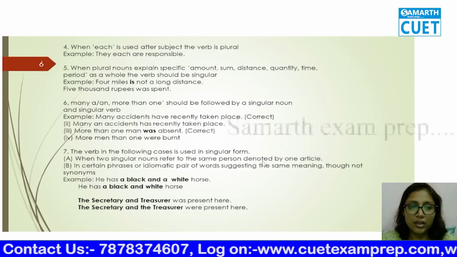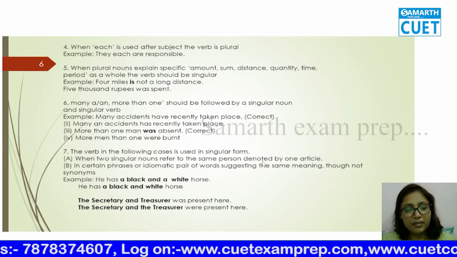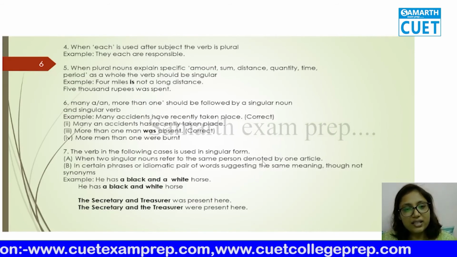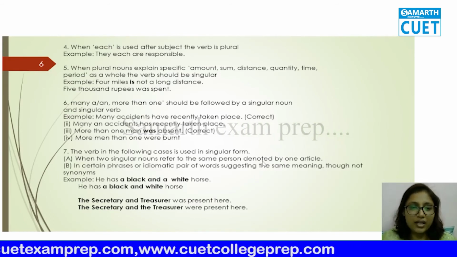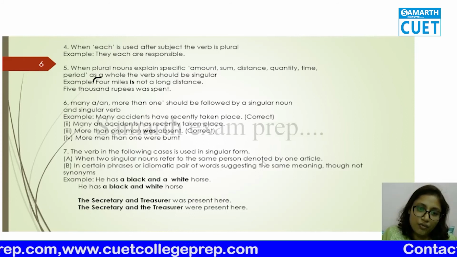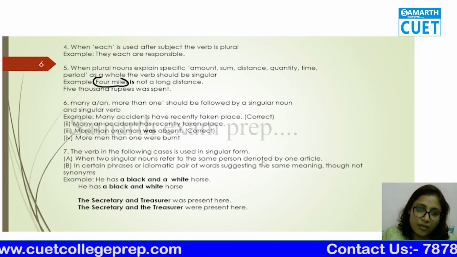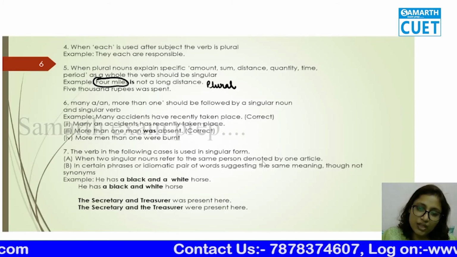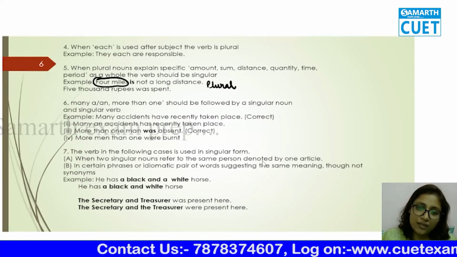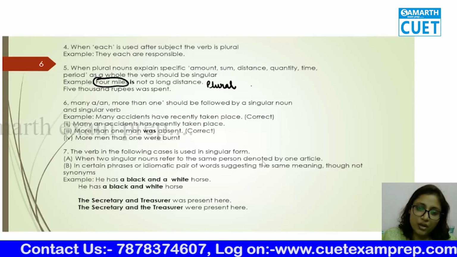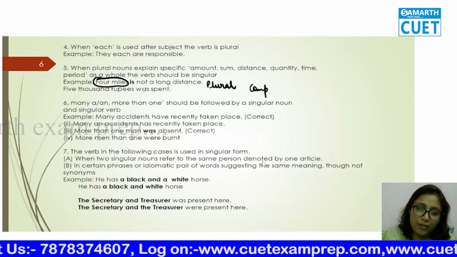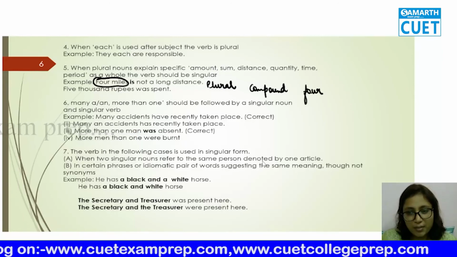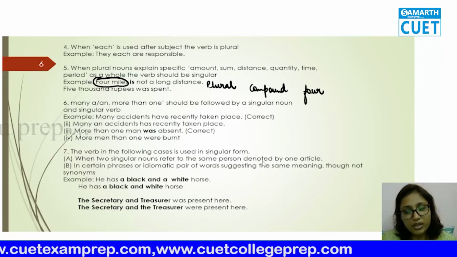Next rule, go for the example first. 4 miles is a long distance. Now you will say 4 miles is plural. Yes, it is plural. But this is a compound noun in a way, because we are using a compound with a number.